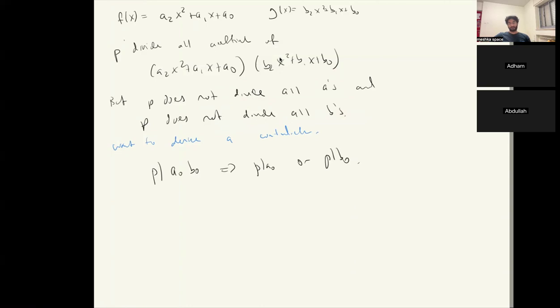Now what? Now we can look at the x term. The coefficient of x is going to be a0 b1 plus a1 b0. Okay, so we can get p divides.